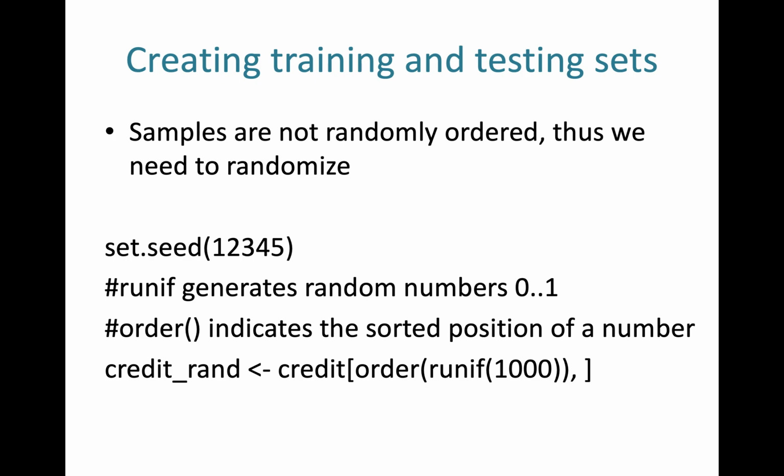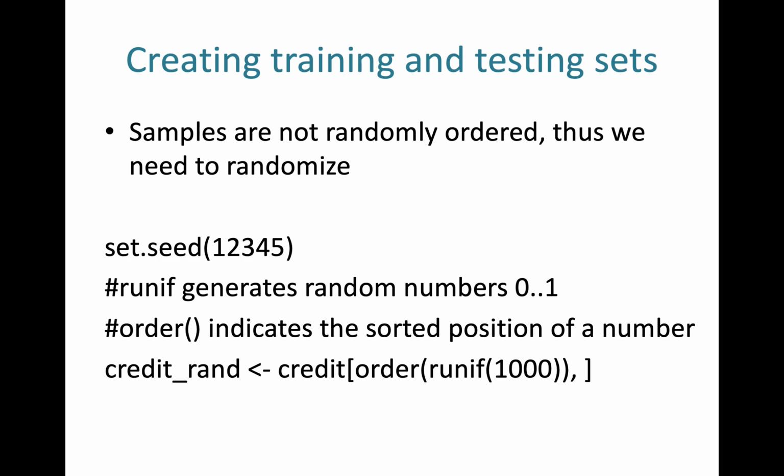The set seed: we need to set a seed every time we randomize, and changing it gives different results, right? Then this credit rand, credit order runif 1000: the runif command creates numbers between 0 and 1, okay? And the order says what's the ranking of that number within the 1000 numbers that we have generated.